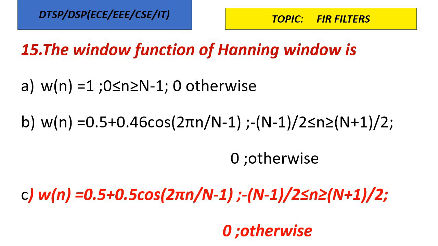And for the Hanning window, it is 0.5 plus 0.5 cos 2 pi n by n minus 1, ranging from minus (n minus 1) by 2 to plus (n minus 1) by 2. Sorry, it is not plus here, it is minus only. Minus is the correct one. The upper limit is plus (n minus 1) by 2, not plus here.